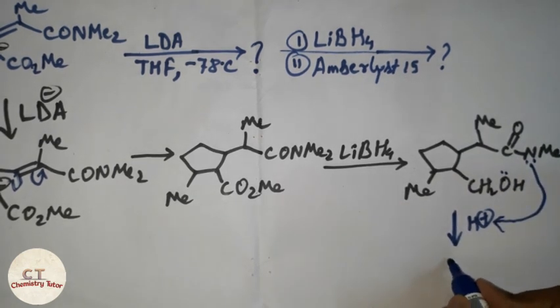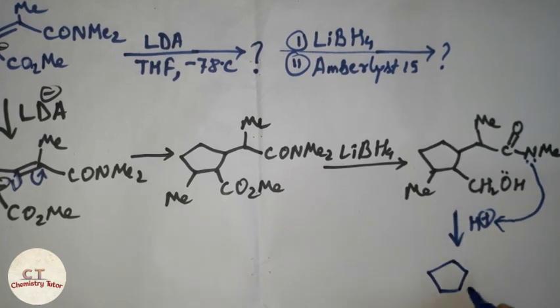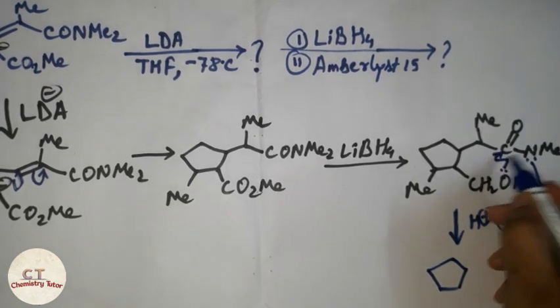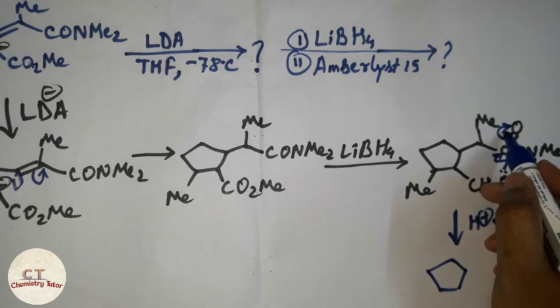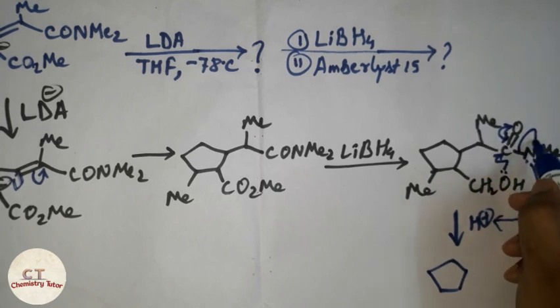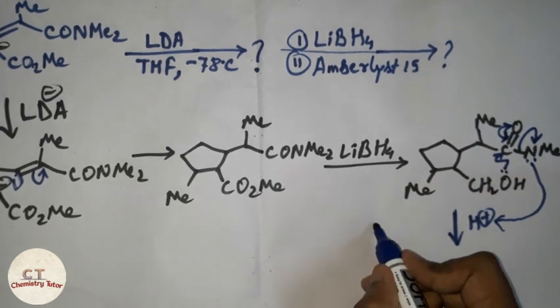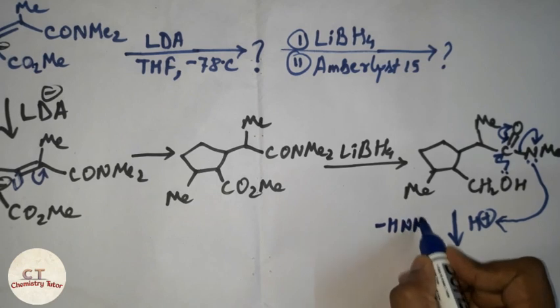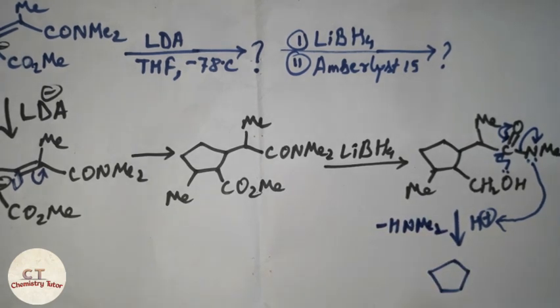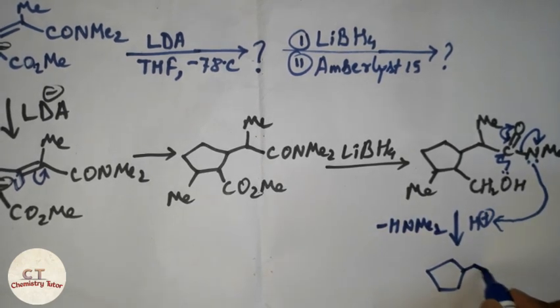After abstracting the proton, it can attack here, it will go there, the negative charge will come back, and this group will move. Okay, it will move as HNMe2. So now we will get our final product.